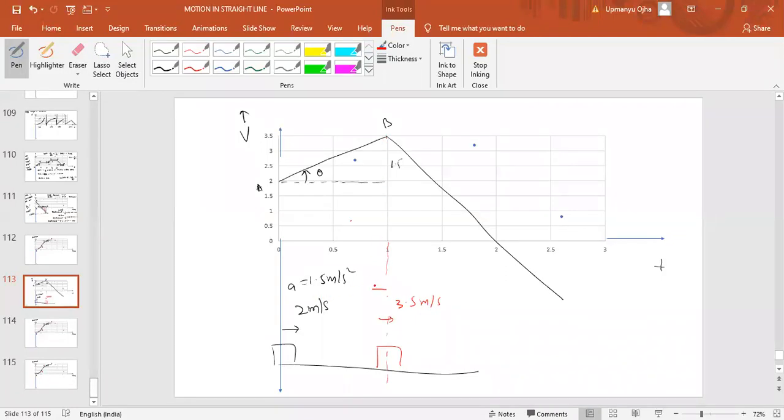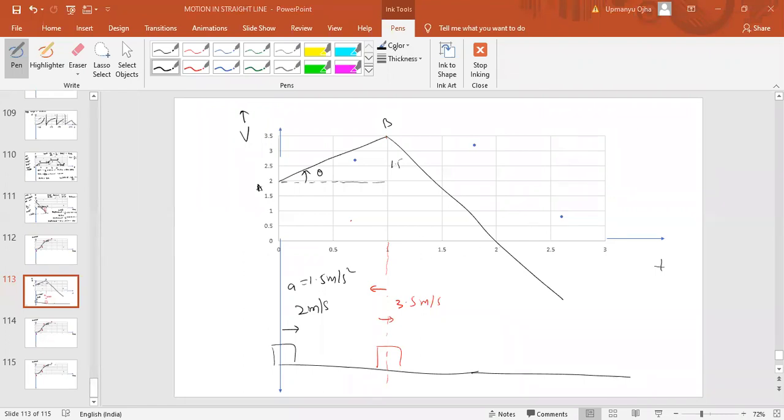Now the acceleration is on the left side. And what is the magnitude of that acceleration? Can you tell me? Minus 1.5. Very good.